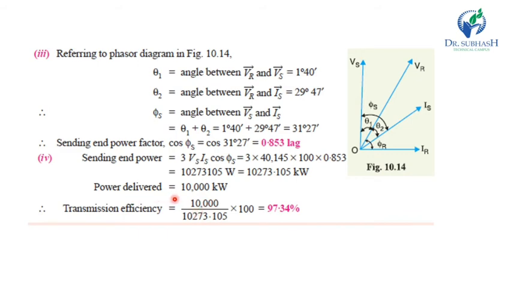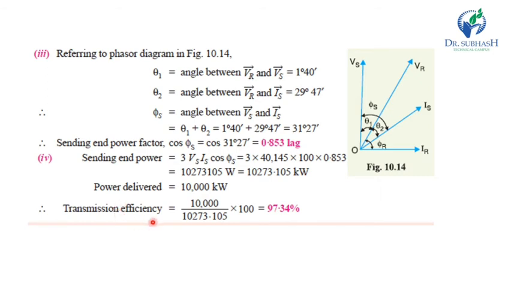The power delivered, which is given in the example, is 10,000 kilowatt. Now we want to find the sending end power, which is equal to 3 into Vs Is cos phi s. So put the values of Vs, Is and cos phi s, we get the value of sending end power, which is 10,274.105 kilowatt.